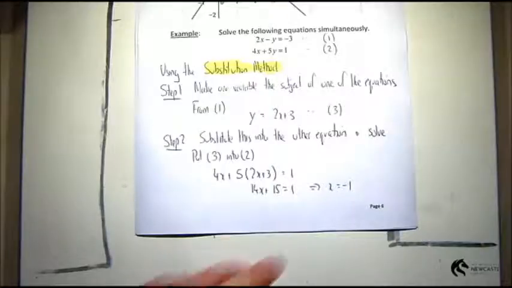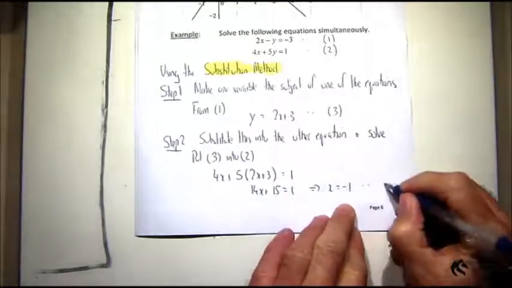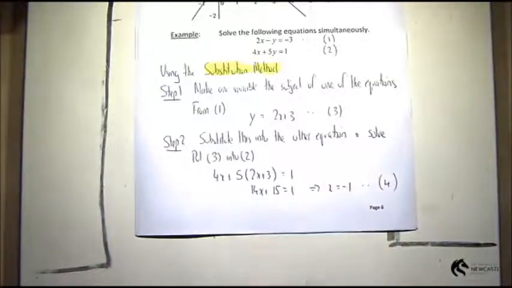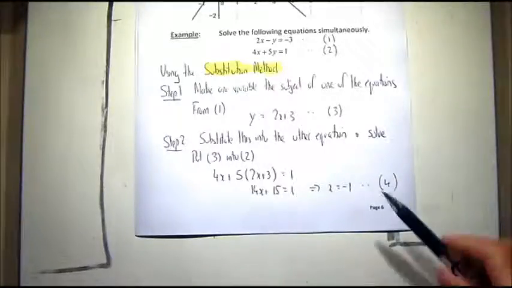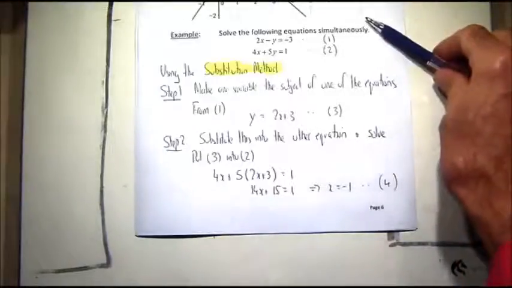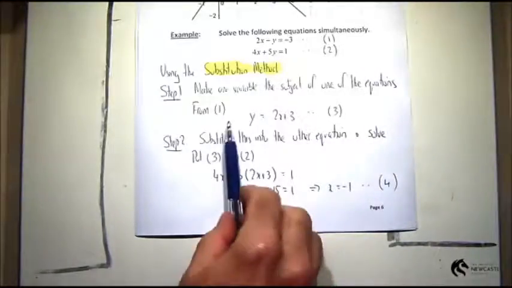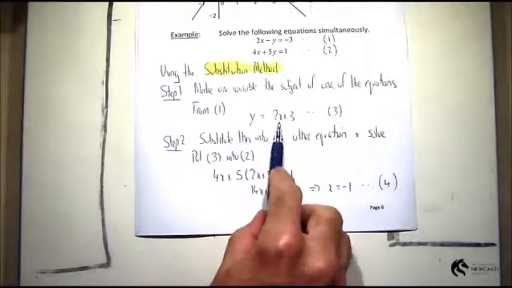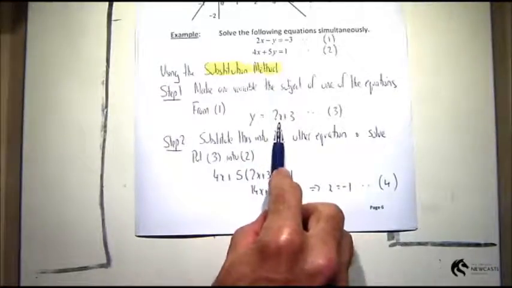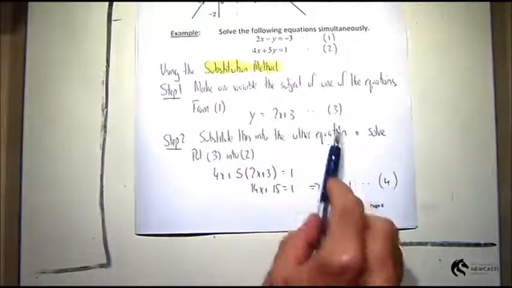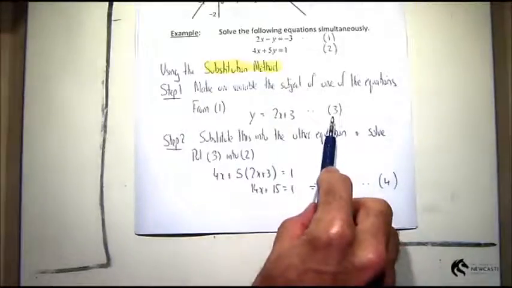So let me call this result here equation 4. And I can put that back into any of the equations I've got, but the obvious one to put it back into is this one here, because I've got y in terms of x. So the obvious spot to put this result is back into equation 3.